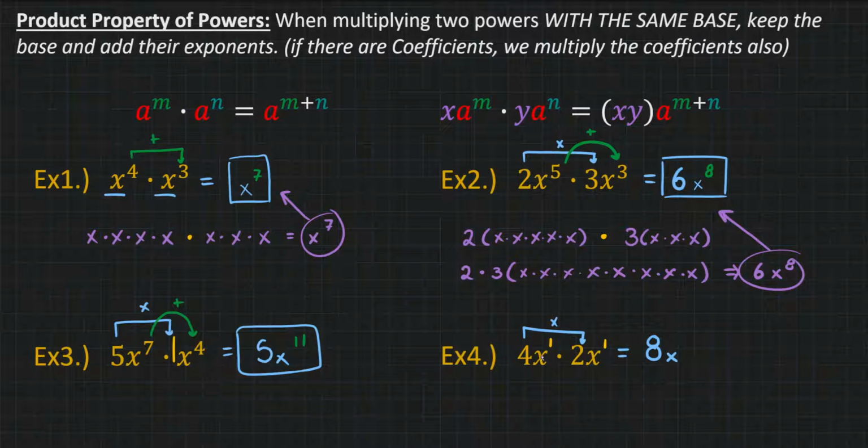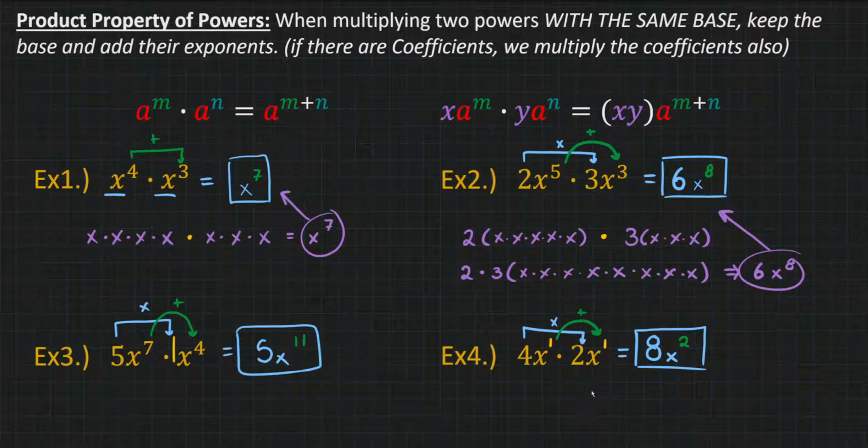Because after all, x to the first power is just x. So it makes sense. There is an invisible 1. Those guys are so good at hiding. It's because they're so skinny. What's 1 plus 1? 1 plus 1 is 2. And so, 8 times x to the second power, or 8x squared, is our simplified answer.